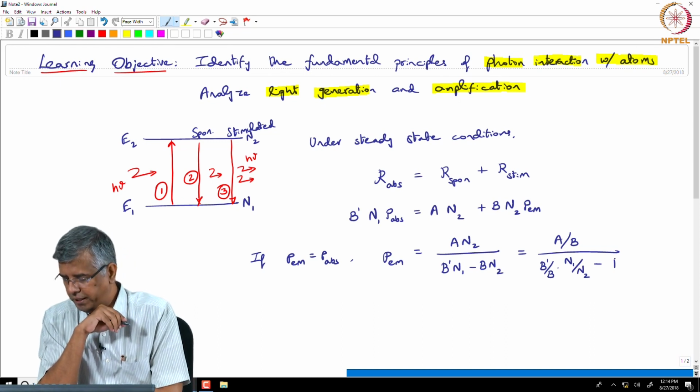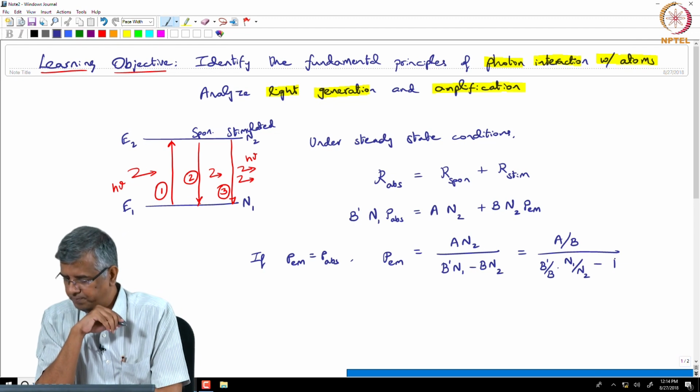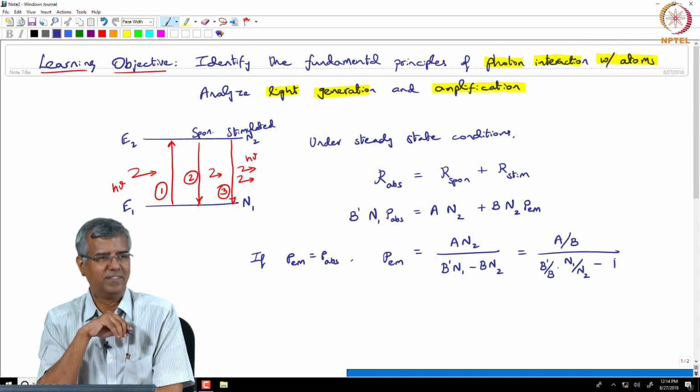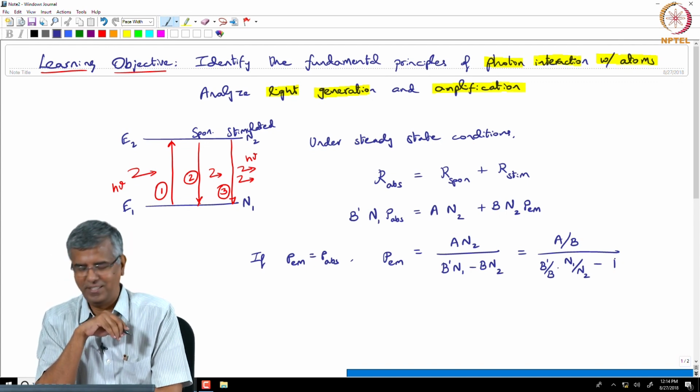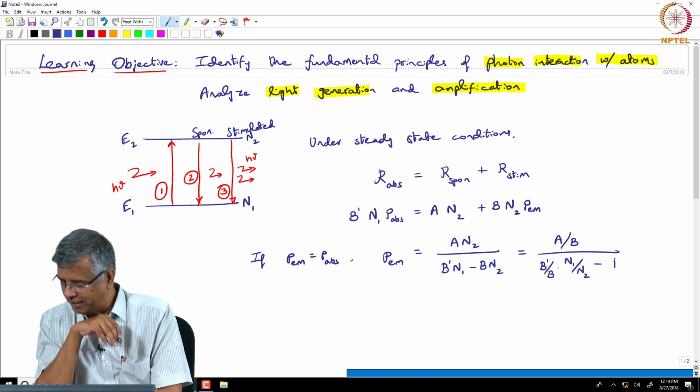Okay. So, rho EM, we have some expression like this, and this is exactly what Einstein was doing 115 years ago. He wrote all these equations and then he came up with this, and he was looking at this.